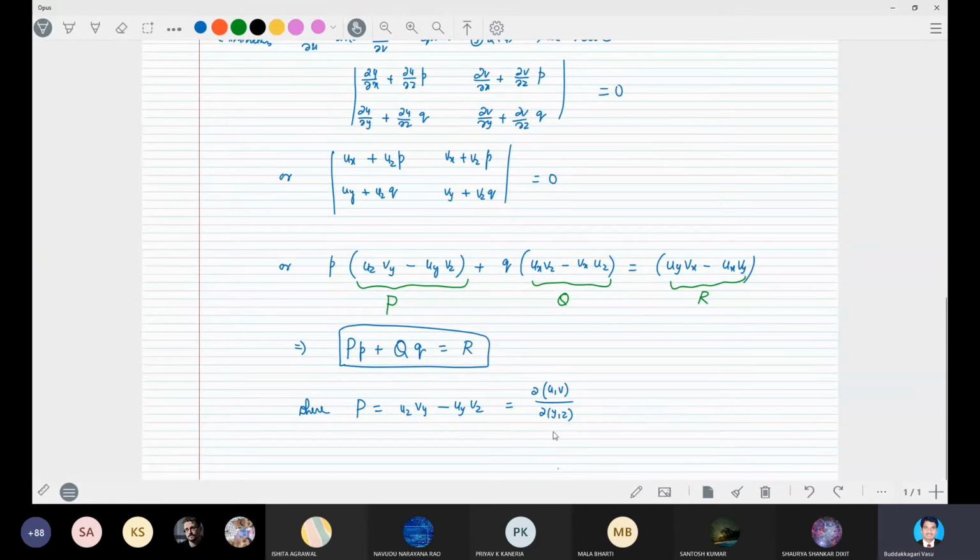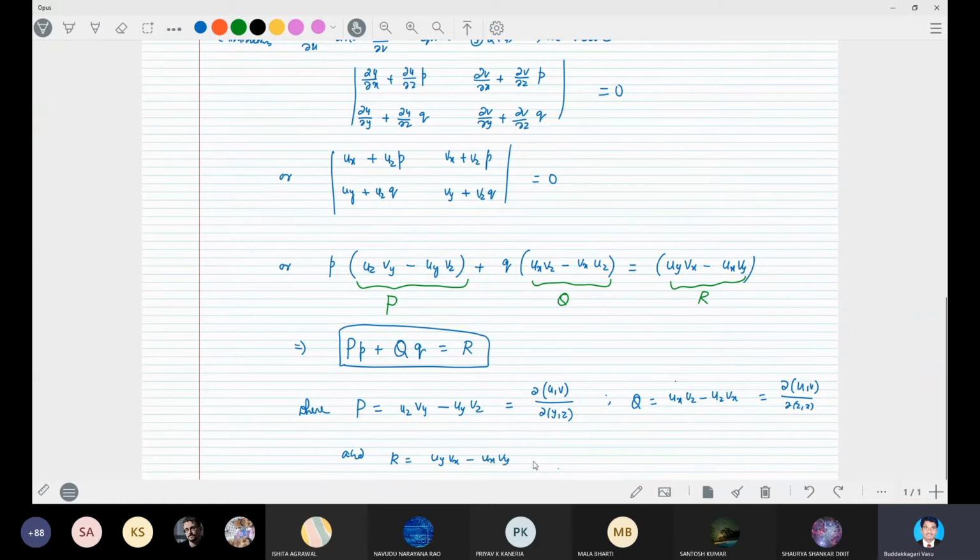Okay. Similarly, q is equal to ux vz minus uz vx. This is the Jacobian of u comma v with respect to z comma x, and r is equal to uy vx minus ux vy.